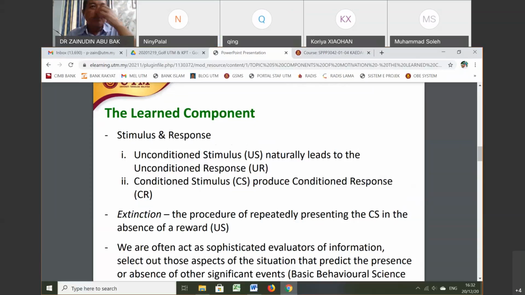From that observation, we can learn something, creating or developing positive attitudes towards learning. So this is another thing, directly or indirectly. But according to S&R theory, he highlighted the conditioned and unconditioned.